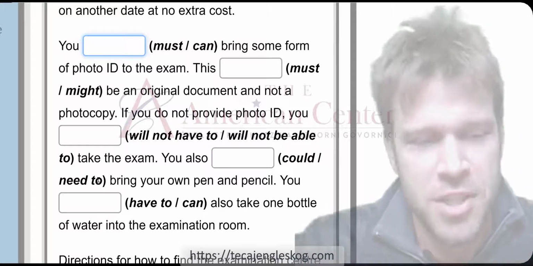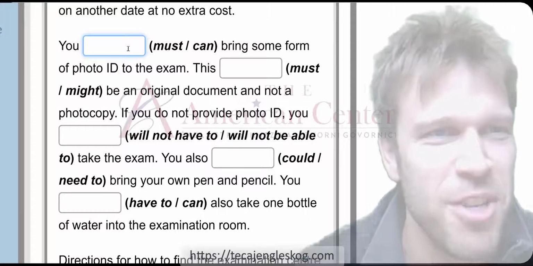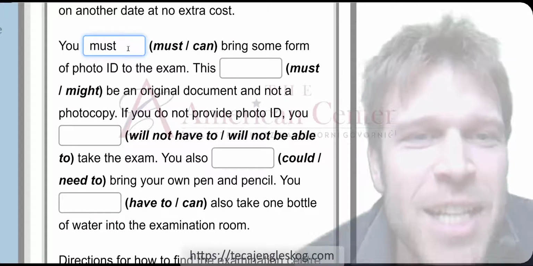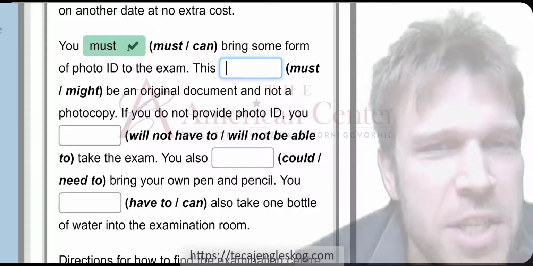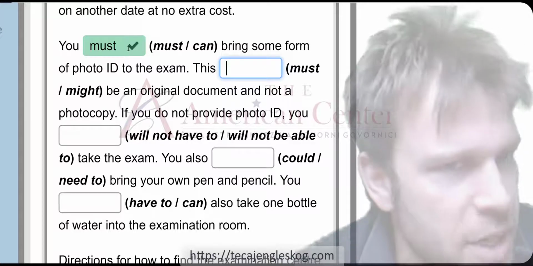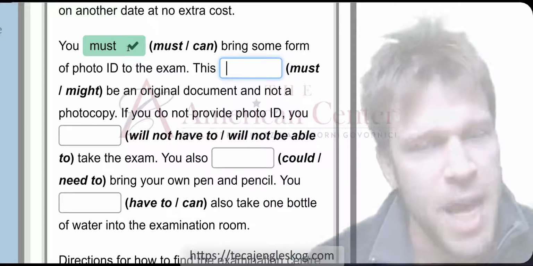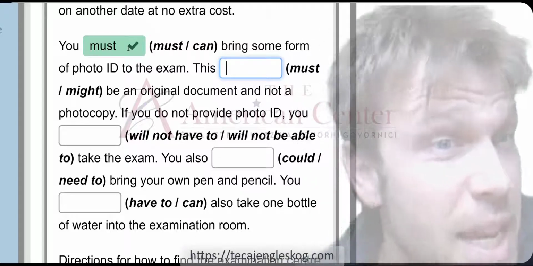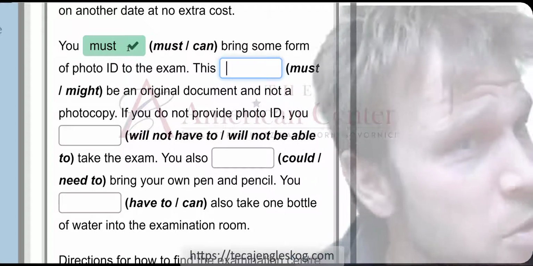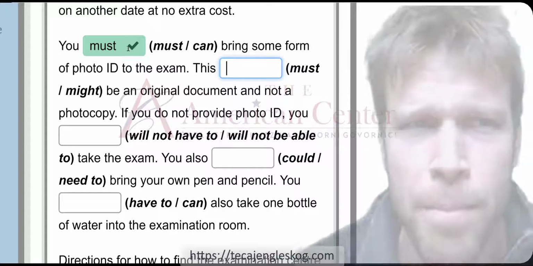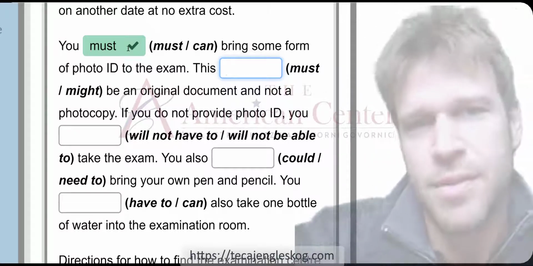Enjoy it, relish this. You get to use must, okay? So, this either must or might be an original document. Now, again, you may relish this time to use your word must. There is no choice, okay?